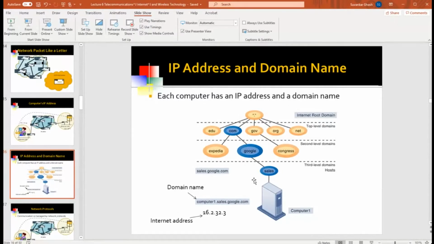So when you're sitting at your browser and you type in the domain name, your browser is going to query the domain name server as to what is the IP address of this domain name. The domain name server comes back with that IP address, and then the browser can send the request to the proper destination server. So the domain name server is integral to the functioning of the network.